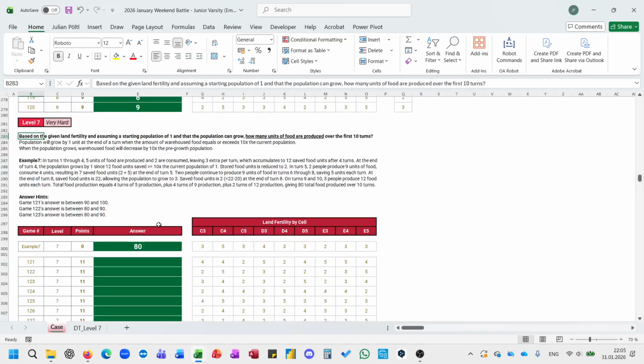Based on the given land fertility and assuming a starting population of 1 and that the population can grow, how many units of food are produced over the first 10 turns? Produced.